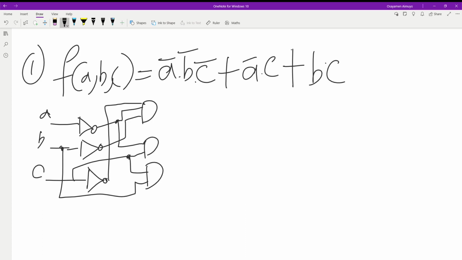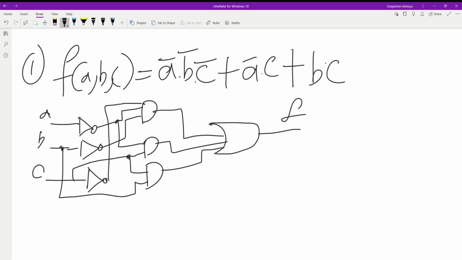And now we need an OR gate, and this should be F, and then that comes here, that comes here, and that comes here. Right? So basically this is an example of an AND-OR network, right? Where we have 3, 4, 5, 6, 7 inputs and a total of 4 gates, right?